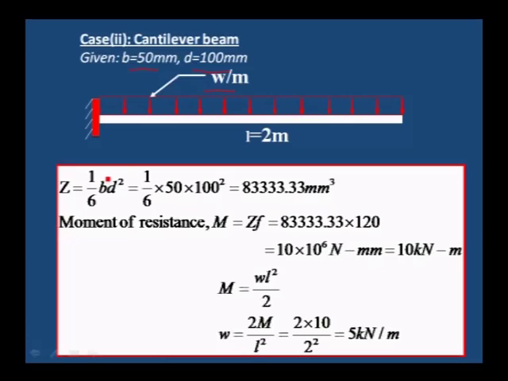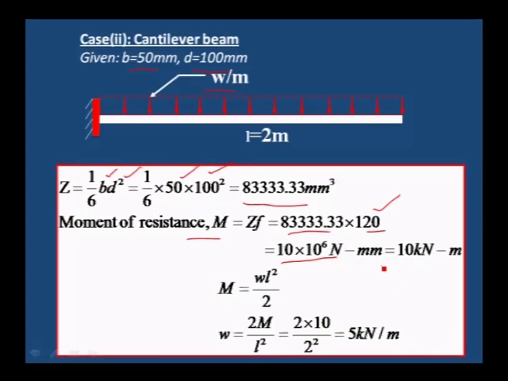Z is equal to BD square by 6, that is 50 into 100 square by 6, which is 83333.33 mm cube. Then the moment of resistance is equal to Z into F. F is determined from the first case, 120 Newtons per mm square. Multiplying by the Z value, we get 10 into 10 to the power of 6 Newton mm as the moment of resistance.